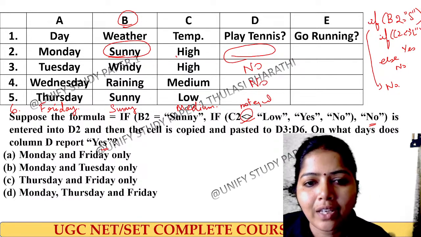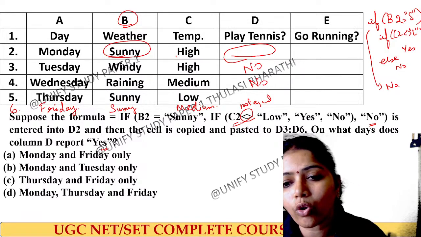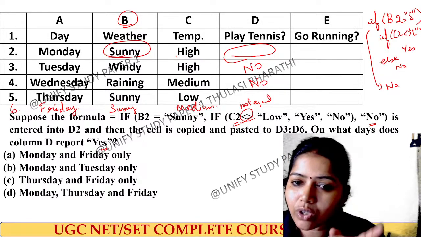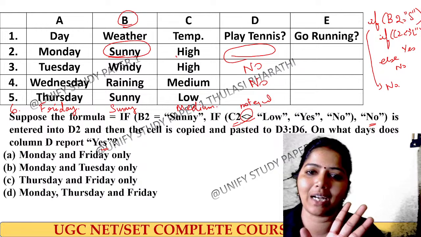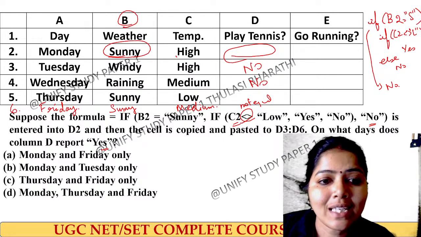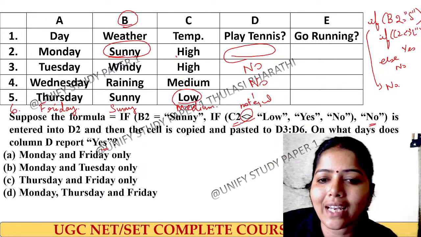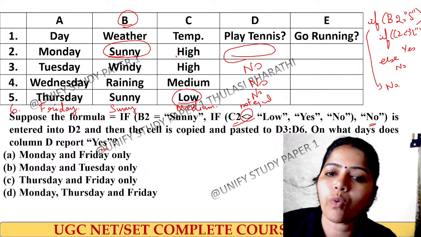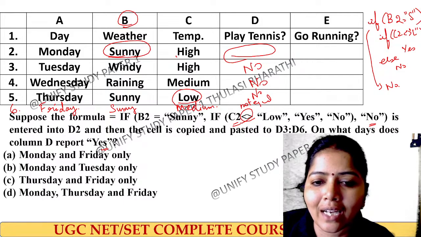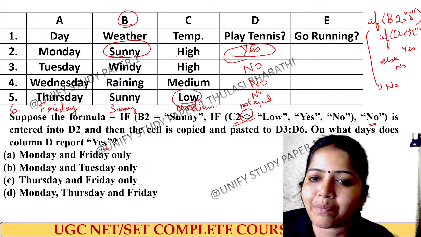First option done. Second one, what we have to check: if C2 is not equal to low, then give yes. If C2 is equal to low, then give no. That is the meaning. So where C2 is equal to low and it is also sunny, here also I can give no. Then here it is sunny and C2 is not equal to low, so I can play yes.